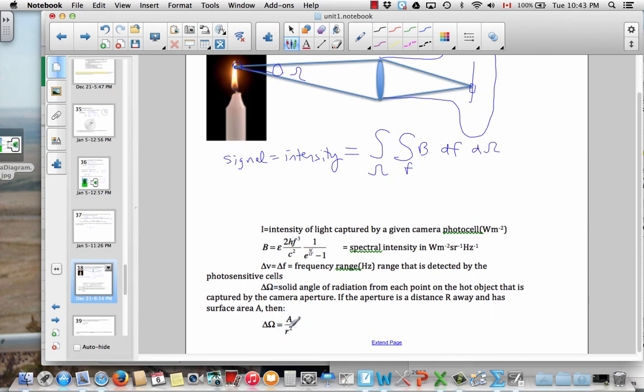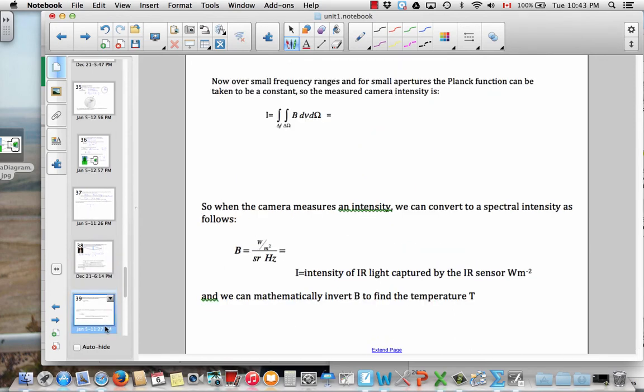This, of course, is the relationship we derived earlier. Now, we're going to make a simplifying assumption, which is that it's a pretty small frequency range, and it's not a very large solid angle cone, and consequently the Planck function B is going to be approximately constant over that. I changed that to f, df, which is just sometimes used for frequency.